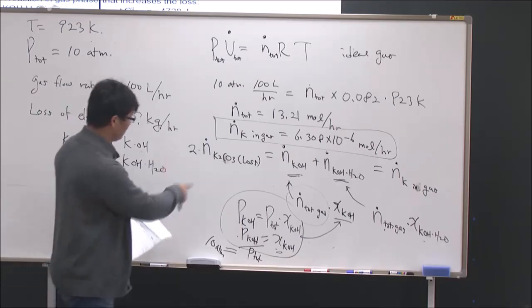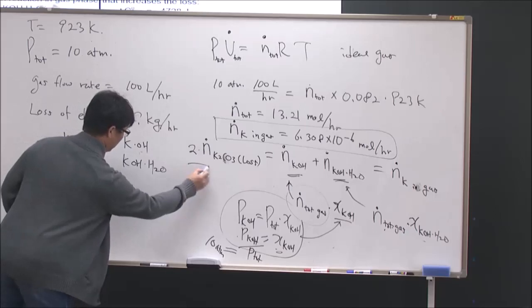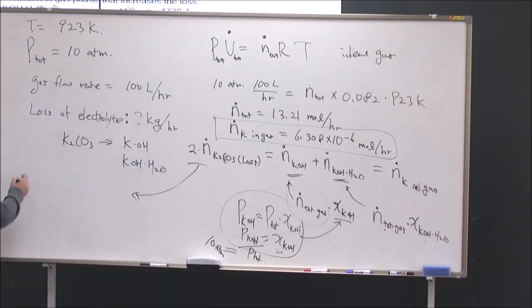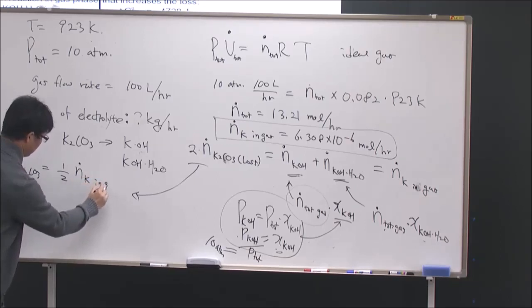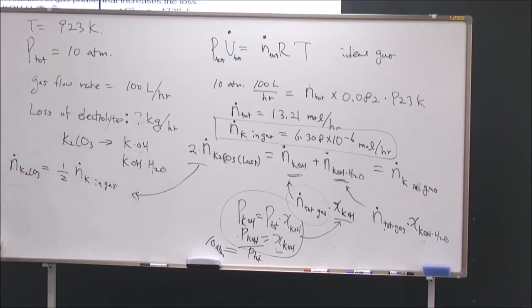So now I know the number of moles of K2CO3 lost, and you have to multiply this with the molar weight of K2CO3 to know how many kilograms of K2CO3 are removed from your actual system.